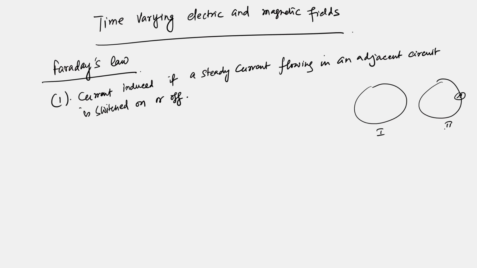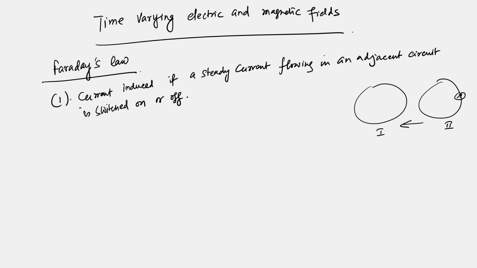Or there was probably no current flowing, and then you suddenly switch on the current in loop 2, there will also be a current in loop 1, or there is a current already flowing in loop 2 and suddenly it is switched off. Or it can also happen that this adjacent circuit, loop number 2, is pulled towards loop number 1, then there will also be a transient current.